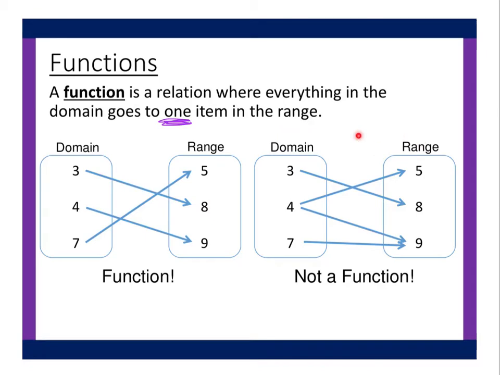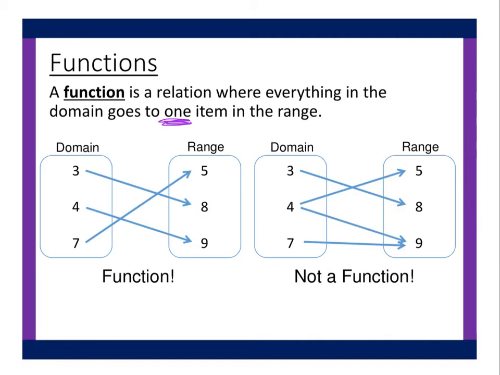This second example here, we have one thing from 3 to 8, then we look at 4, and 4 goes to 5 and 4 goes to 9. So something in the domain is going to more than one thing in the range, so that makes it not a function. So we don't generally look at figures like these to determine whether something is a function or not.